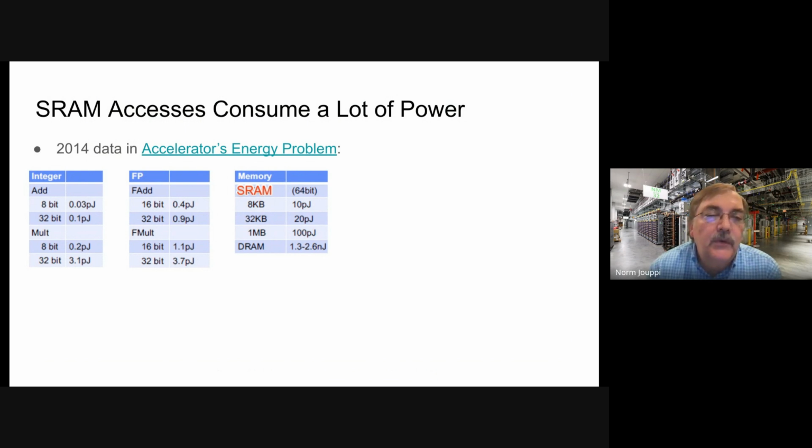When I was going over the costs of computing earlier, I didn't mention SRAMs. SRAMs actually use a lot of power. If you look on this chart, you can do a 16-bit floating point multiply for around 1 picojoule, but if you access a 1 megabyte cache, that's 100 picojoules.